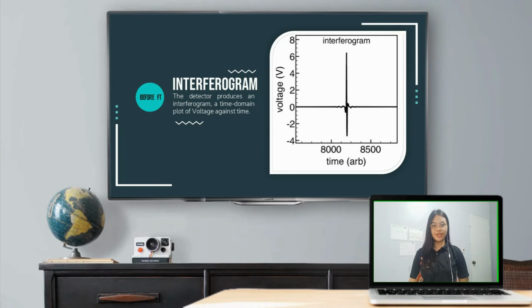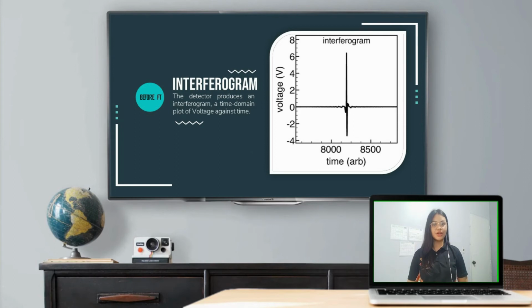As I've mentioned, the detector reports a time domain spectrum. That is a plot of energy variation in voltage versus time, like this one. But note that time domain spectrums are difficult to interpret for either qualitative or quantitative analysis. That's why we need to convert a time domain spectrum into a frequency domain one.